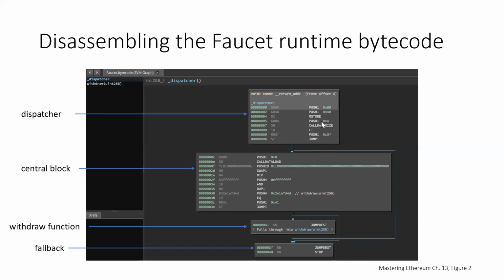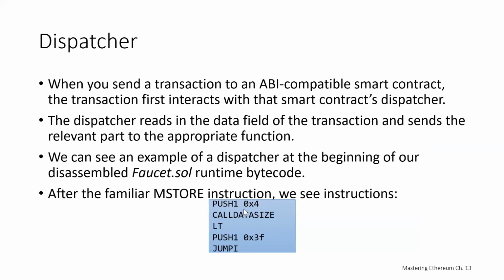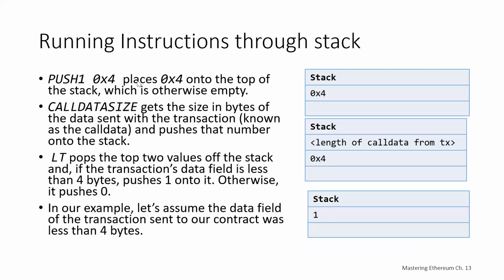Now what's happening with this push, this call data size, the less than, the push, and the jump? These are various steps in the dispatcher. Push 1 followed by 0x4 is pushing our hexadecimal number 4 onto the stack. Call data size gets the size in bytes of the data sent with the transaction and pushes that number onto the stack.